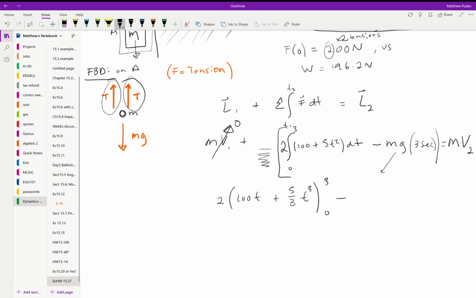The constant weight impulse term gives us 588.6, and then we have 20 kilograms times our velocity at 2, and we can solve that for the velocity at 2. It comes out to about 5.07 meters per second.